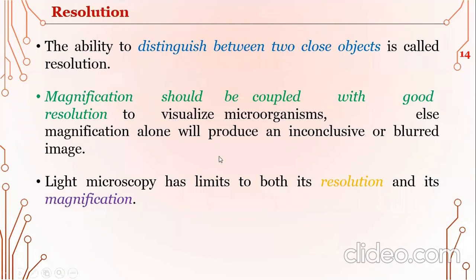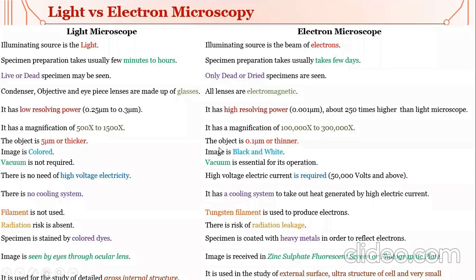Exactly. Thank you. And next is to compare the light microscope with the electron microscope. The first thing is the illuminating source. In the light microscope, light is the illuminating source, but in the electron microscope, the illuminating source is a beam of electrons. So here light is used, here electrons are used.